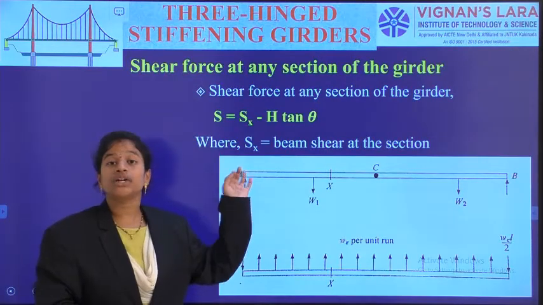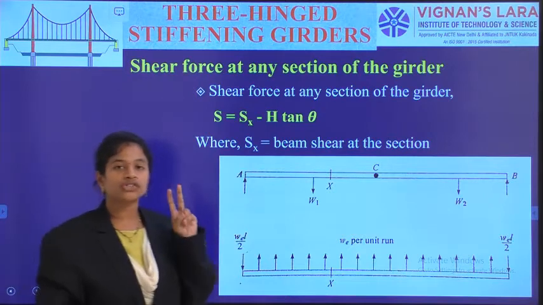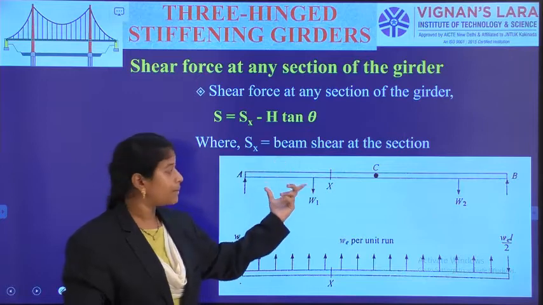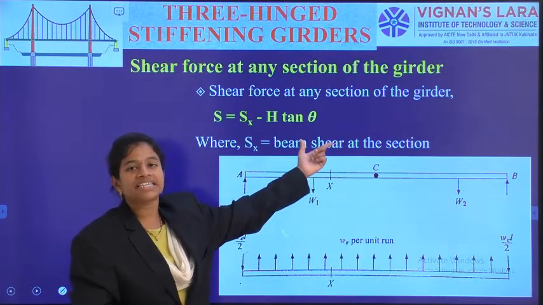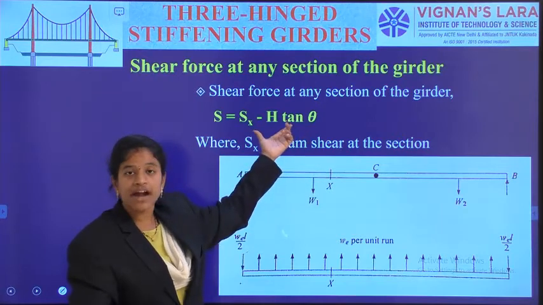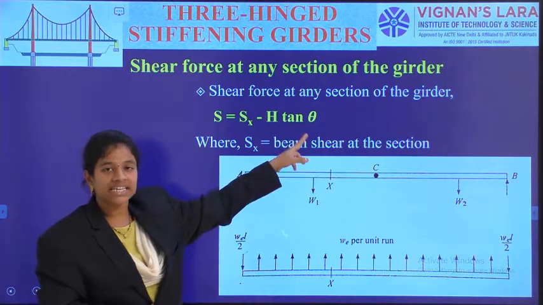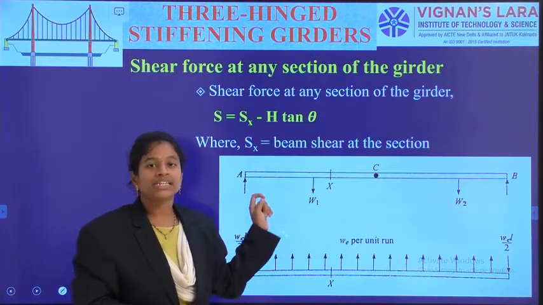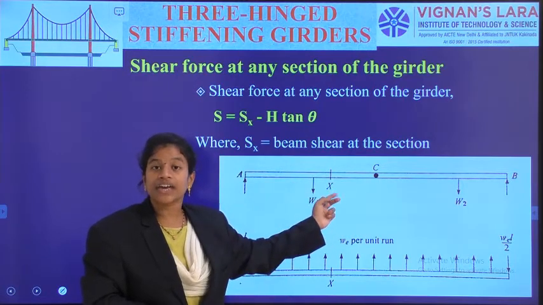Now, considering the actual shear force, the same thing applies here: this shear also involves two parts. One is the beam shear of the simply supported girder, minus H tan theta. The derivation of this part we have already concluded in the previous session. So, Sx minus H tan theta. Sx is the beam shear in the simply supported girder due to the application of external loads.